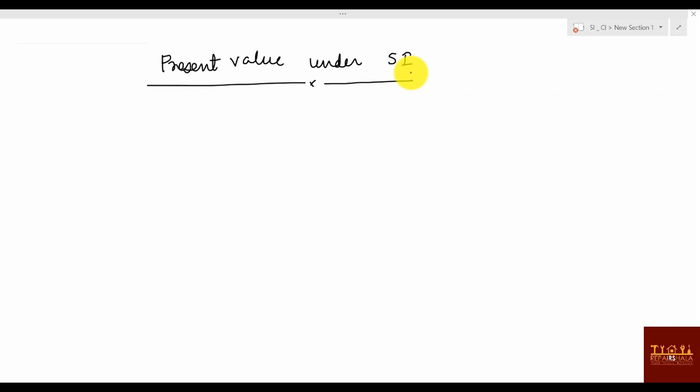So for present value under SI, there'll be a question like some due amount will be given, something like X, some due amount X will be there after n years at R% per annum rate of interest.